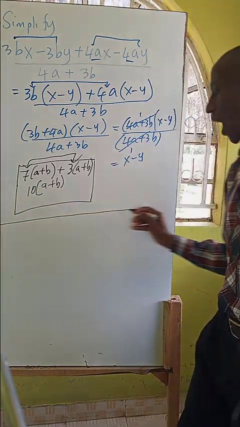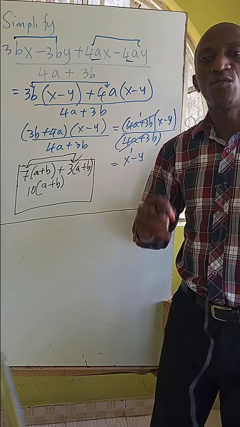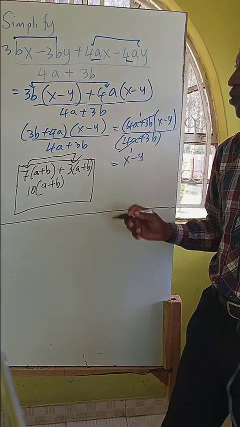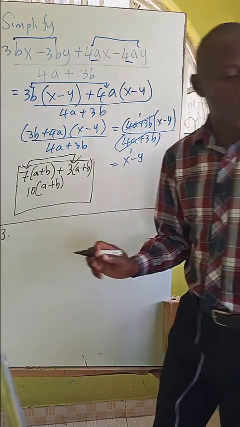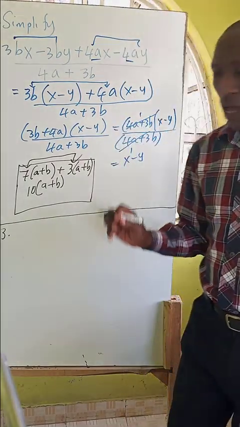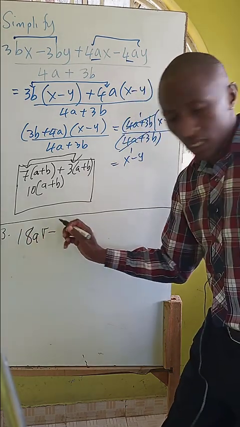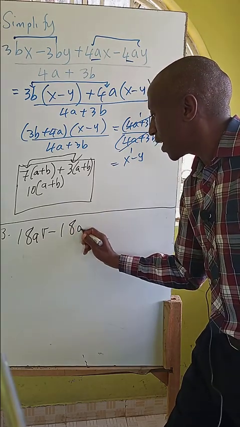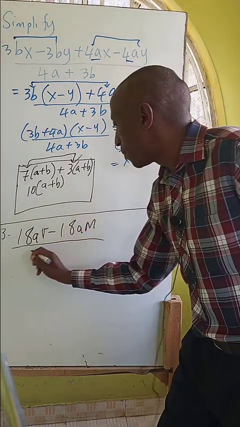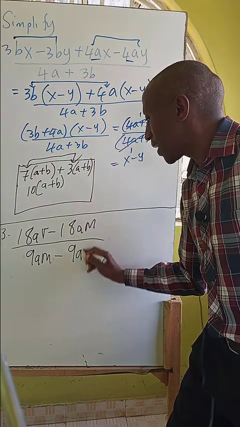Now, viewers, I would like us to move to another question. And because mathematics is interactive, I would like you to solve this question and we also come to mark together. I'll give you the question as question number 3. In this question, we are required to simplify 18AR minus 18AM divided by 9AM minus 9AR.